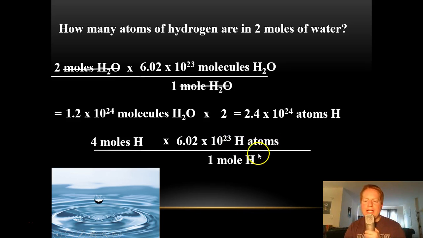So now we're in atoms using the different representative particle. And those would cancel. So that is it essentially. You would get the same answer that way. 2 different ways to do this problem.